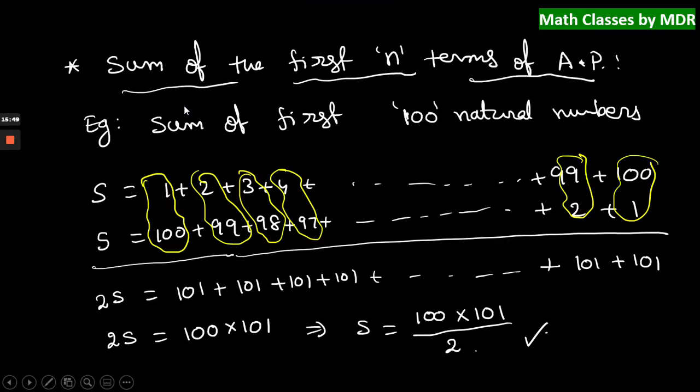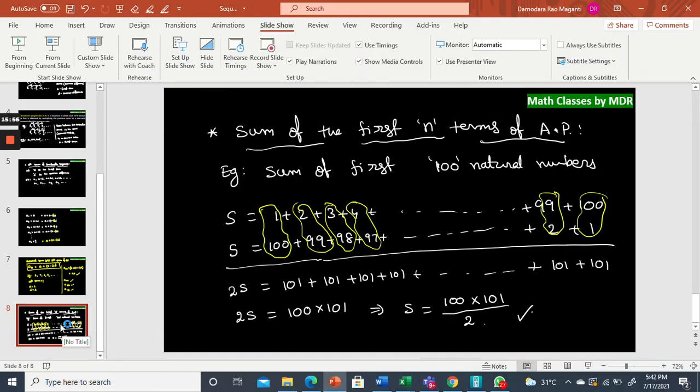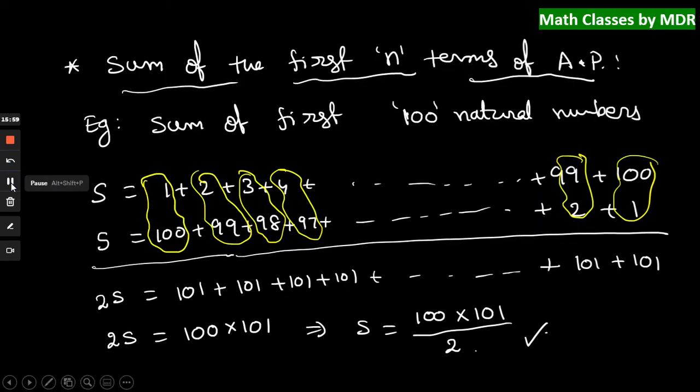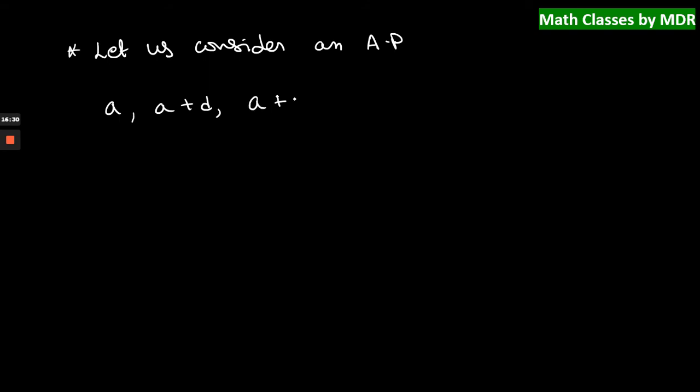For that, let us consider an arithmetic progression: a, a plus d, a plus 2d, until we have n terms, that is a plus n minus 1 into d.